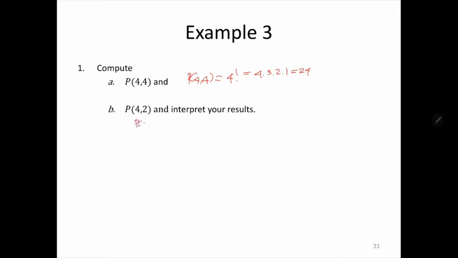P(4,2) is 4 factorial divided by 4 minus 2 factorial, so this is 4 factorial over 2 factorial, which is 4 times 3 times 2 times 1 over 2 times 1. We can cancel this part and we will get 12. So the interpretation is that the number of permutations of 4 objects taken 2 at a time is equal to 12.